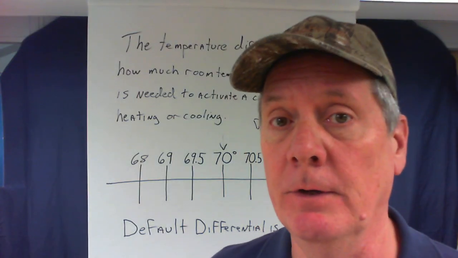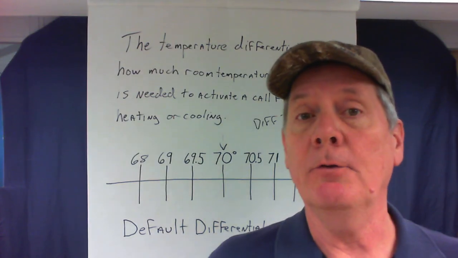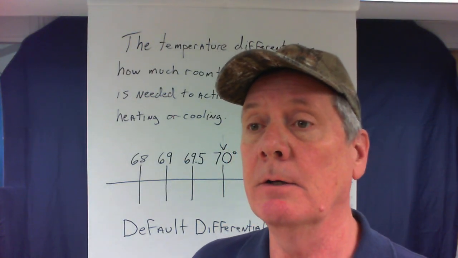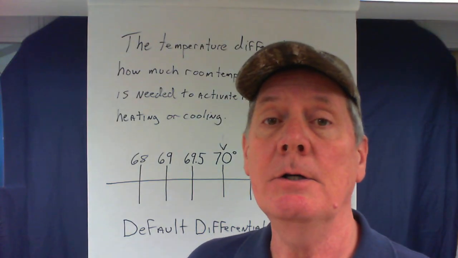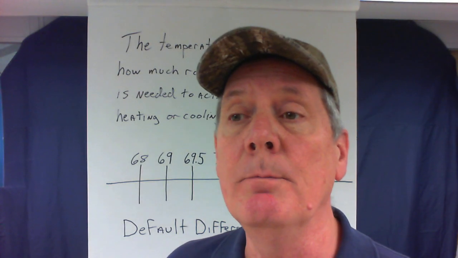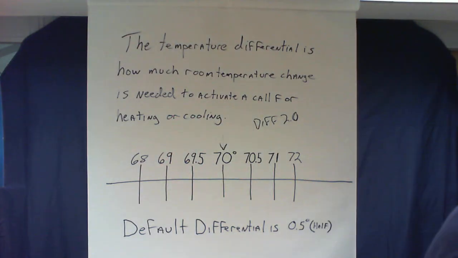How do you change a differential? Okay, so this varies depending on which model thermostat you have. You have to access either the installer setup menu or in some cases a user menu to make the differential change. Let me grab one here.